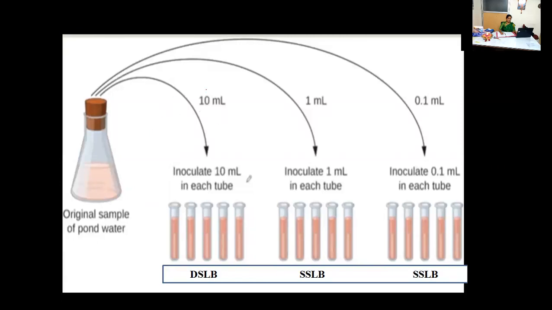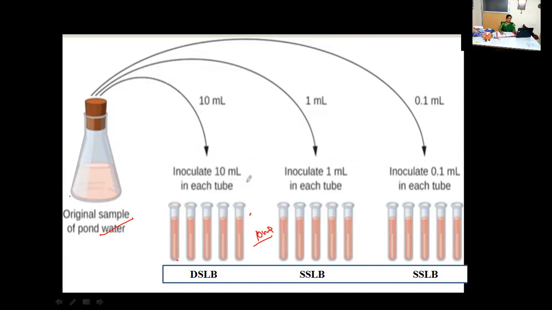So we have done the same thing in this particular presumptive test. This was the original sample from the pond water. This is the DSLB, right? In all the tubes we have put 10 ml of DSLB, 10 ml of lactose broth, 10 ml SSLB, 10 ml SSLB, right?